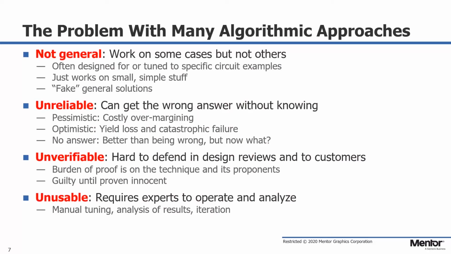Some unreliable algorithms will say, well, I'm not really sure. It's good, at least it knows it's not sure. It doesn't give you an answer. That's better than being wrong, but you might not have a different way to solve the actual verification challenge, so you're kind of left in a hard place. We've got unverifiable algorithms.